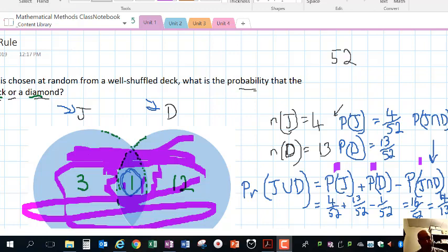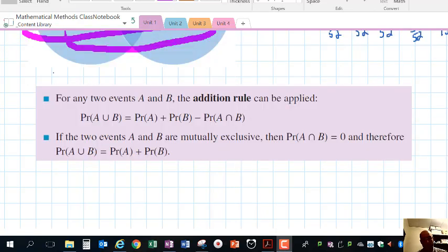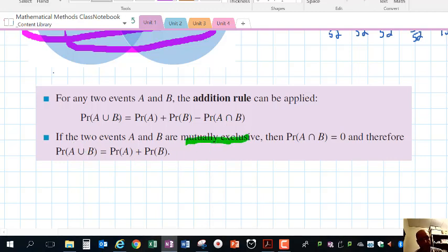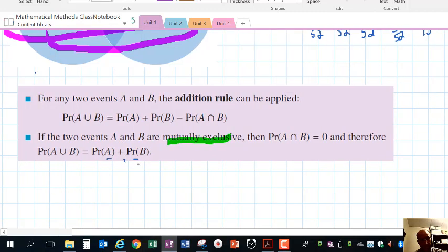So in general, the addition rule for probability is as follows. The probability of A union B is the probability of A plus the probability of B minus one lot of intersection. And if they're mutually exclusive, which means the sets are disjoint, it's purely the probability of A plus the probability of B, because there is no intersection.